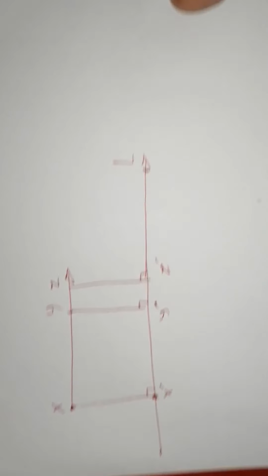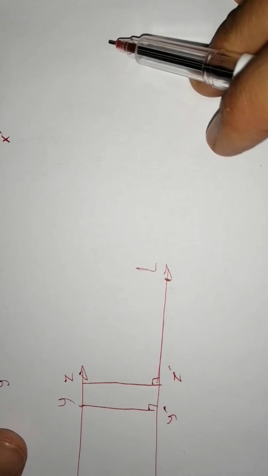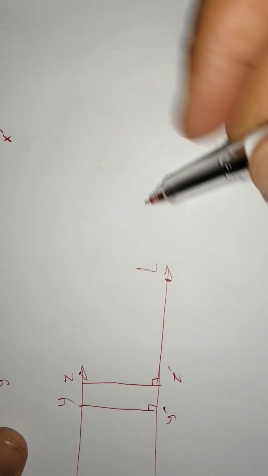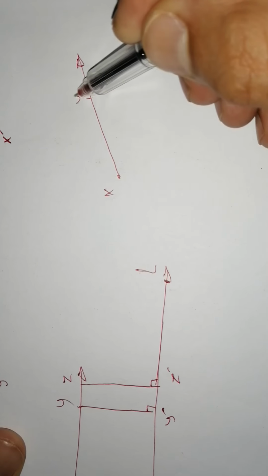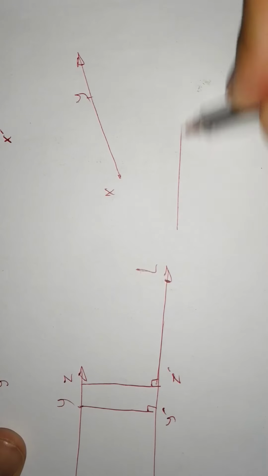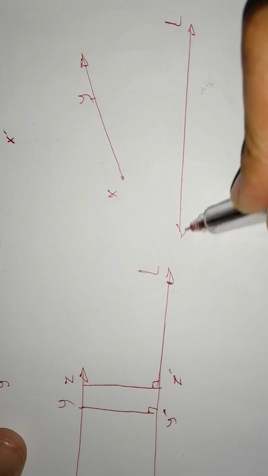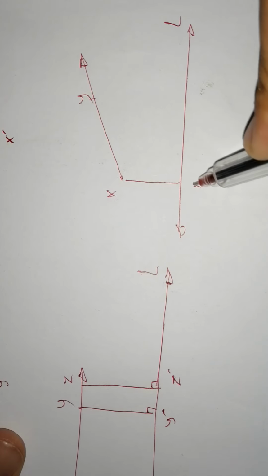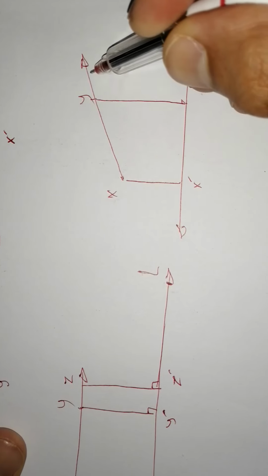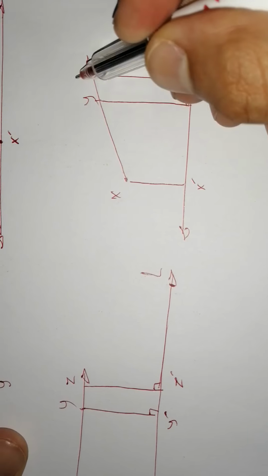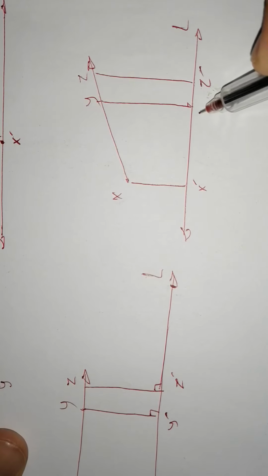So the ray can take another position like that, XY, and the straight line which is named L, and then we have X dash and Y dash, and then another point which is named Z. So we have Z dash, X dash, Y dash.